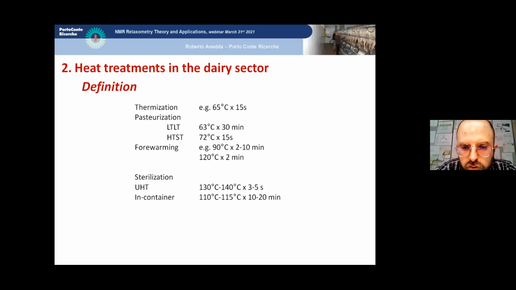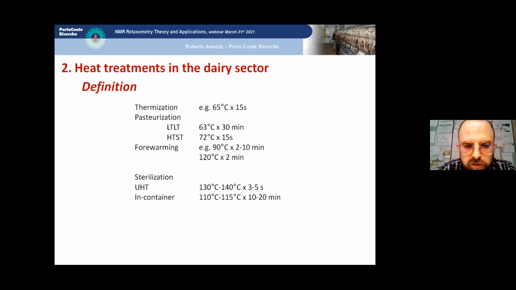Pasteurization is usually performed in the high temperature short time processes, HTST, in which milk is heated at 72 Celsius degrees for 15 to 20 seconds. Also, more severe heat treatments are usually performed on milk intended for human consumption, such as UHT treatment, ultra high temperature.